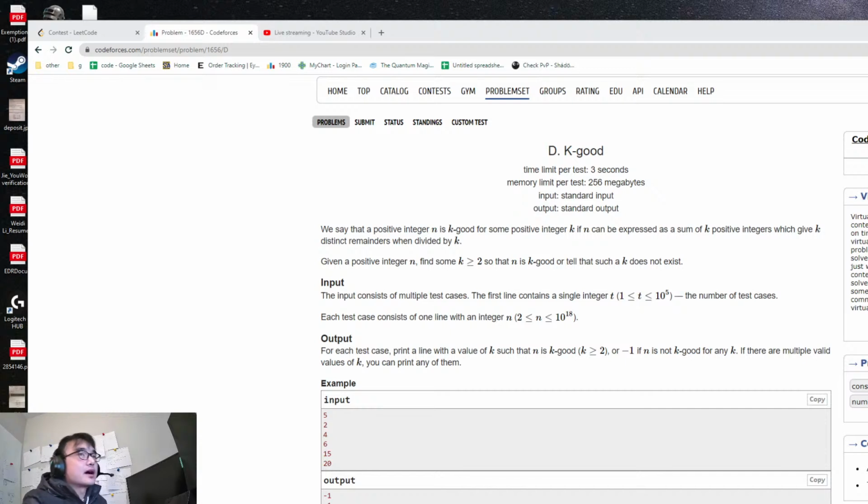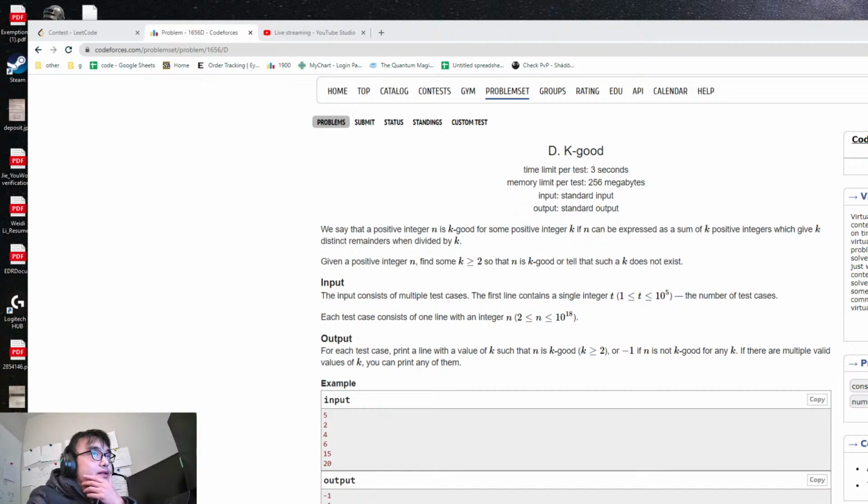And how are we going to determine if a number n is K-good? The stupid solution is just to iterate through each case. You try 1, 2, 3.